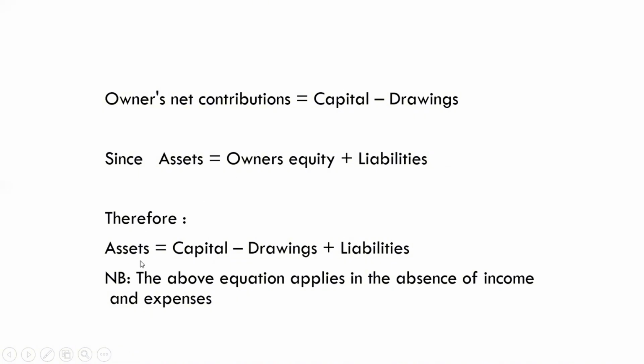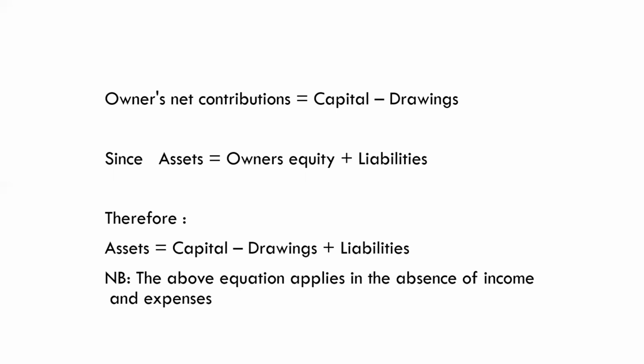So you'll see further down, it says here, assets equals capital minus drawings plus liabilities. So we're just expanding the accounting equation to see what exactly owner's equity is made up of. Now, the equation that I've shown you here applies in the absence of income and expenses.